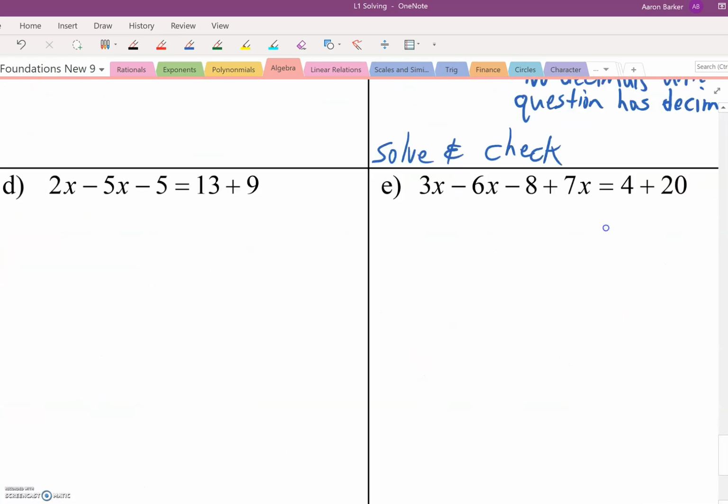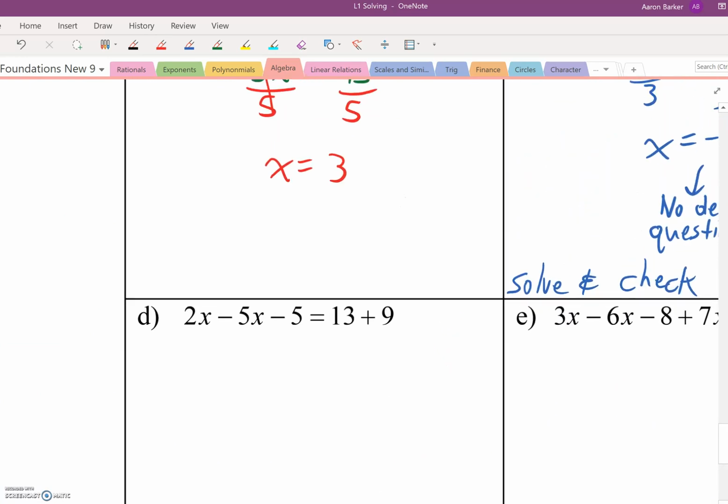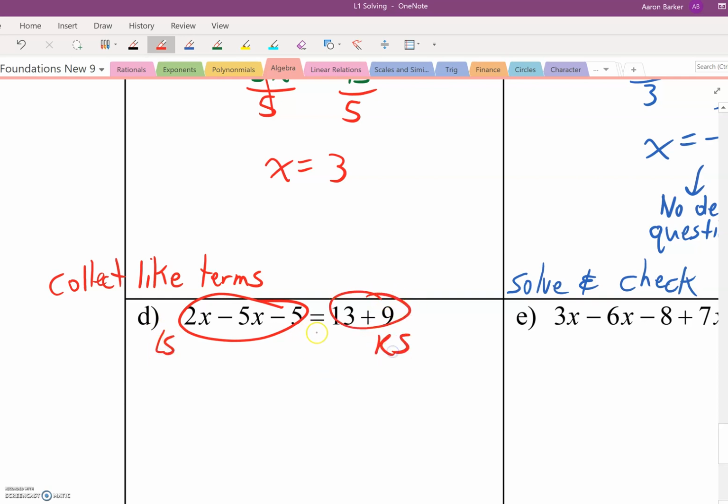Next question. Looks big and complicated. It's not. We have to collect like terms. So if we do not have something like the very first two questions, we then collect like terms or do our polynomial skills until they're like the first two questions. So don't move anything across the equal sign. We have a left side and we have a right side. The equal sign just carries on down.